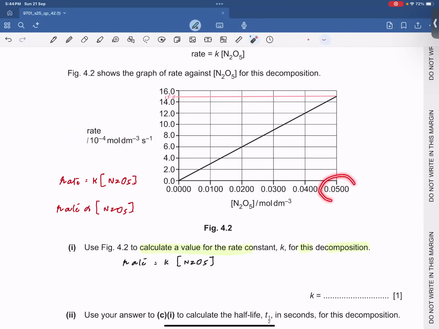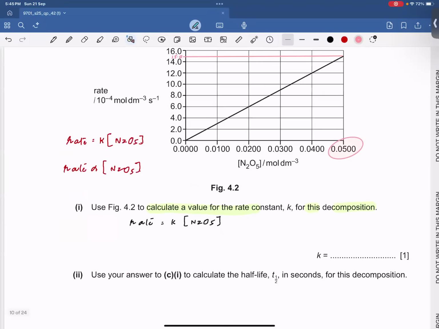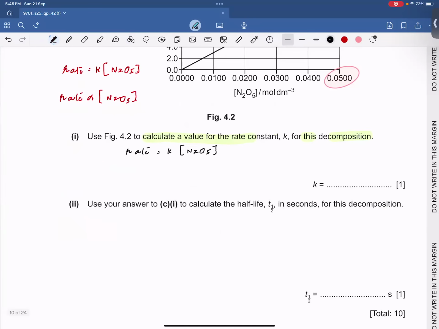And the concentration of N2O5 is going to be like this, that is 0.050. So I'll get the value of k from here. Rate is 15.0 times 10 to the power minus 4 equals k times the concentration of N2O5, 0.0500. So the value of k from here is going to be 0.030.